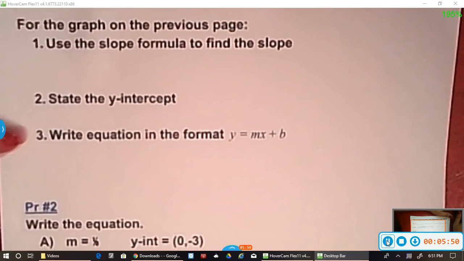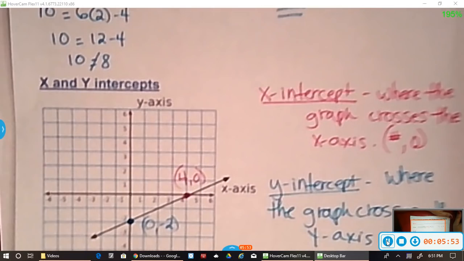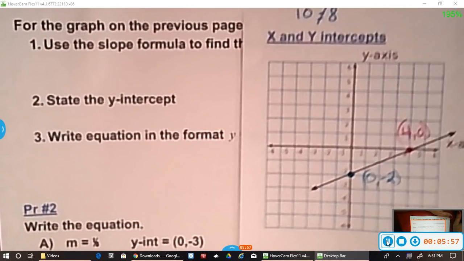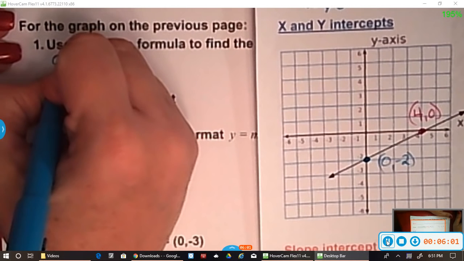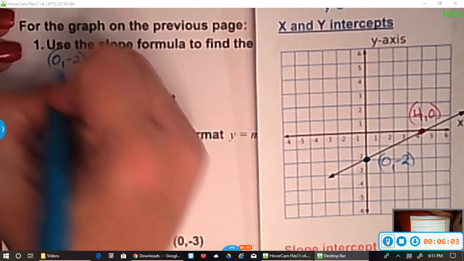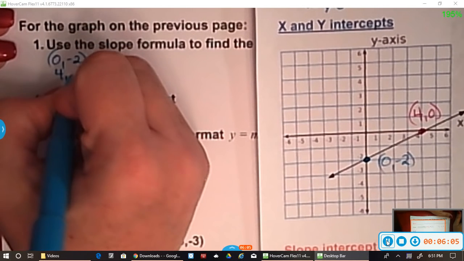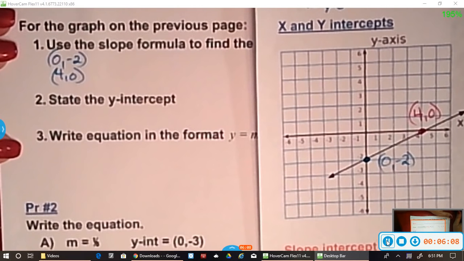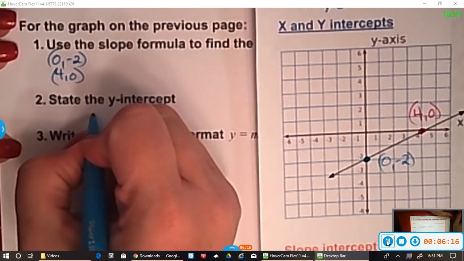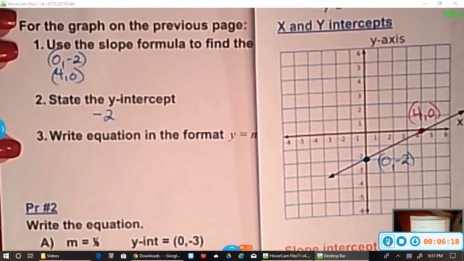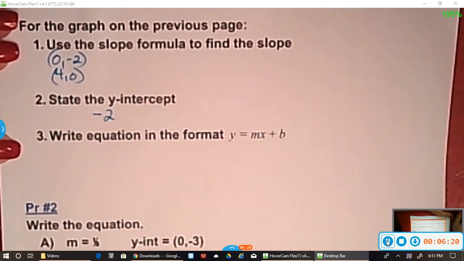So, when I come back over here, my points are 0, -2, and 4, 0. I can use those 2 points to find the slope. Looking at the graph, it touches my y-axis at -2, so my y-intercept is -2. Okay, now I don't need the graph anymore.